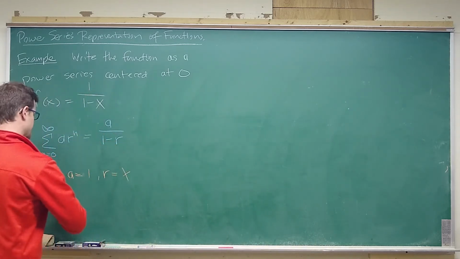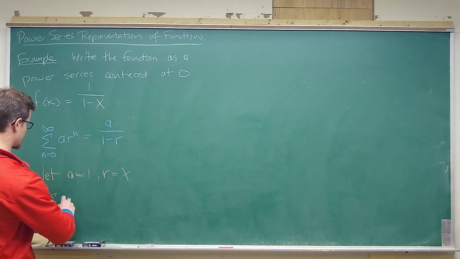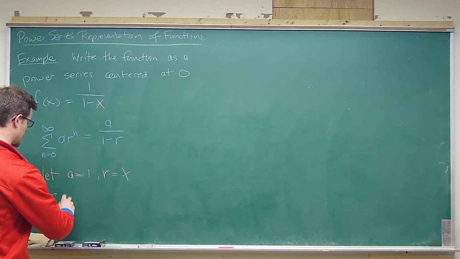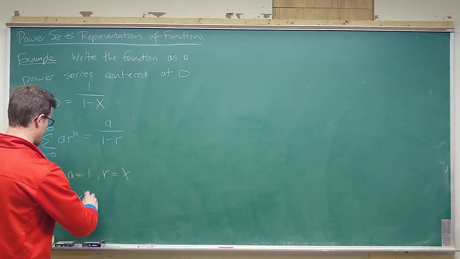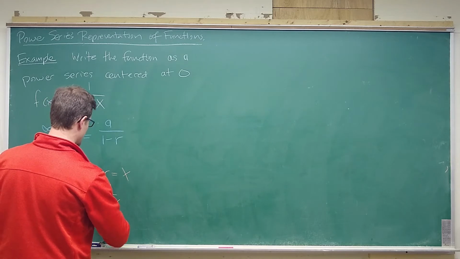The sum, if a is 1, then it's just 1 times x to the n is equal to 1 divided by 1 minus x.